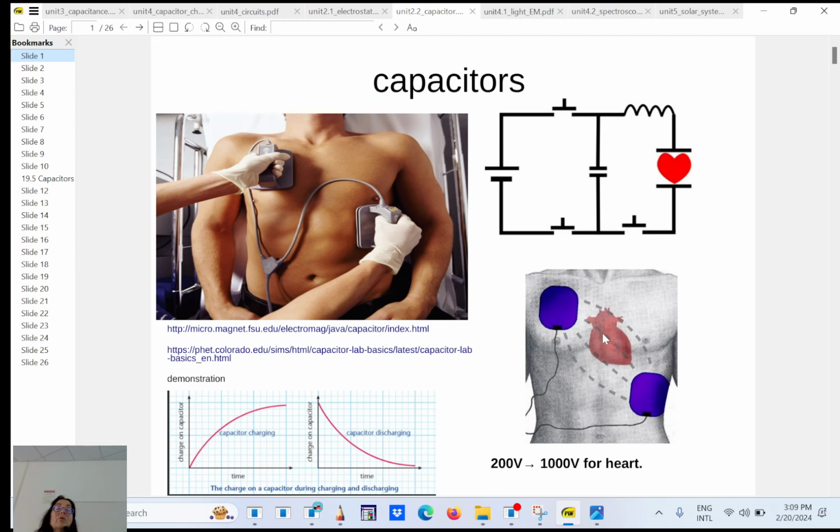You're going to have a huge surge in current going through your heart. You can also add a resistance if you want to control the amount of current per unit time. The idea is to have the heart start to go again at a constant rate, or to make it start beating again. That's the idea of a defibrillator, and that's how it's an example for a capacitor.